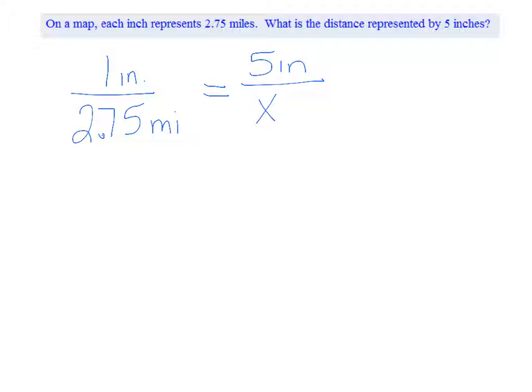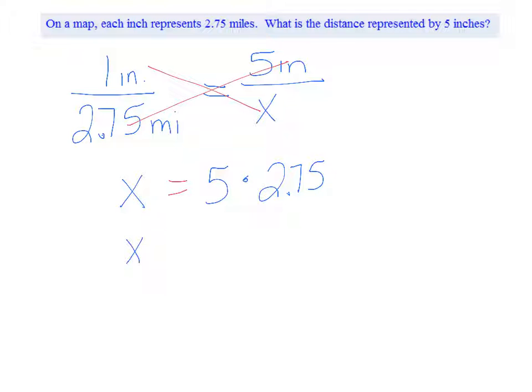So when I do my cross products, and I multiply this way, 1 times x is x, and then I do my cross products the other way. And let me grab my calculator. I don't have that out yet. All right, so then I'm going to have 5 times 2.75 when I multiply those.